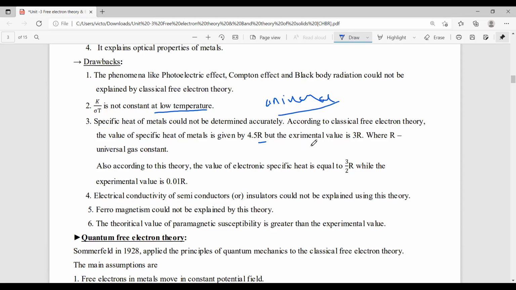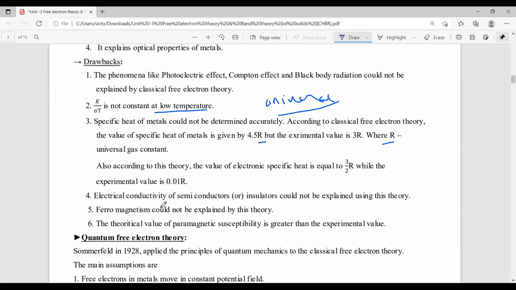But the experimental value is 3R. And also the electronic specific heat value from this theory is 3 by 2 R, but the experimental value is 0.01 R. That means the theoretical value does not match the experimental value, which is also a drawback of the classical free electron theory.